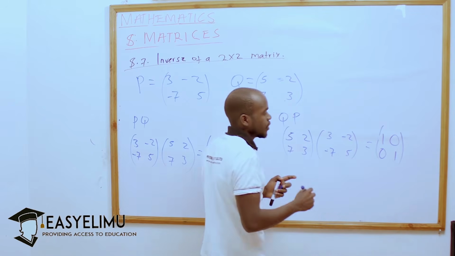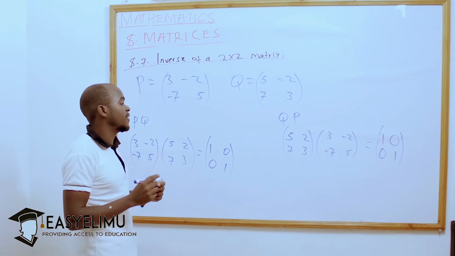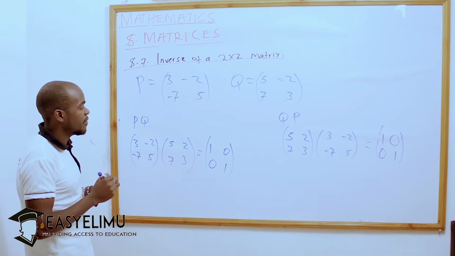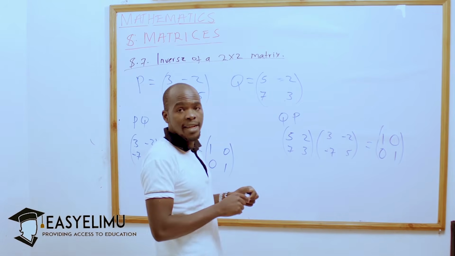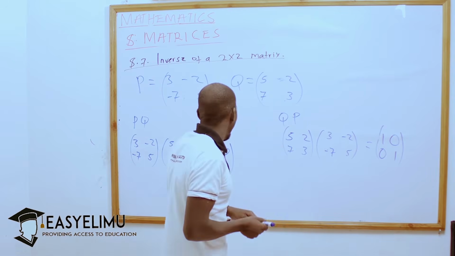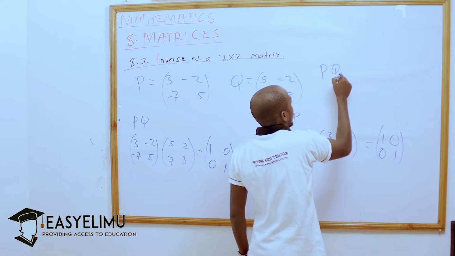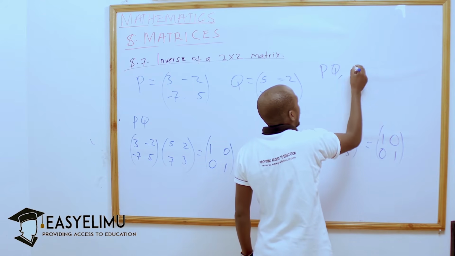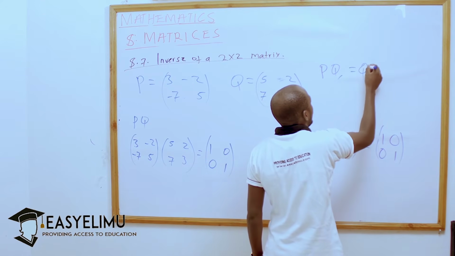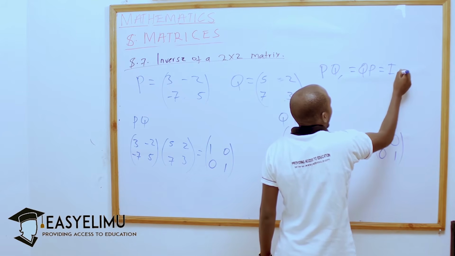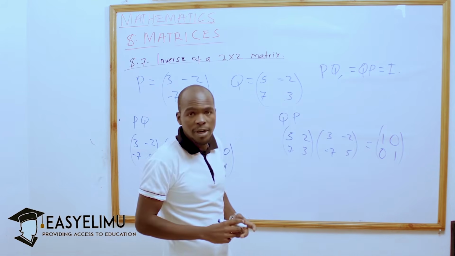So in each case, we have found that the answer is the same, and it is giving us what we call the identity matrix. So we have found that PQ is equal to QP, and this one is giving us an identity matrix.